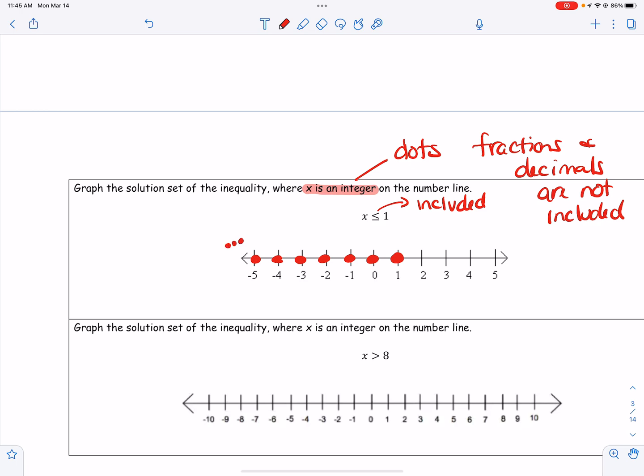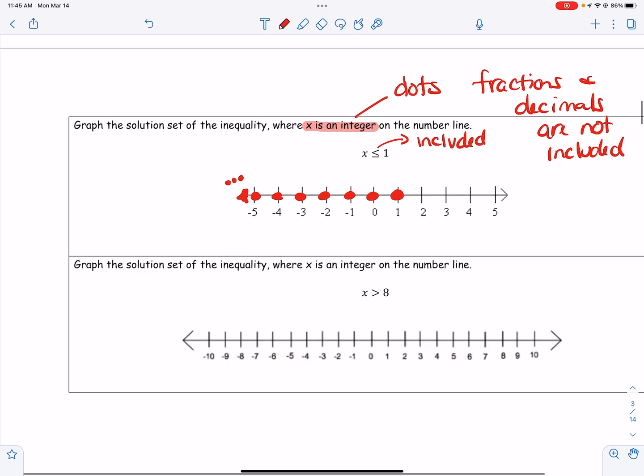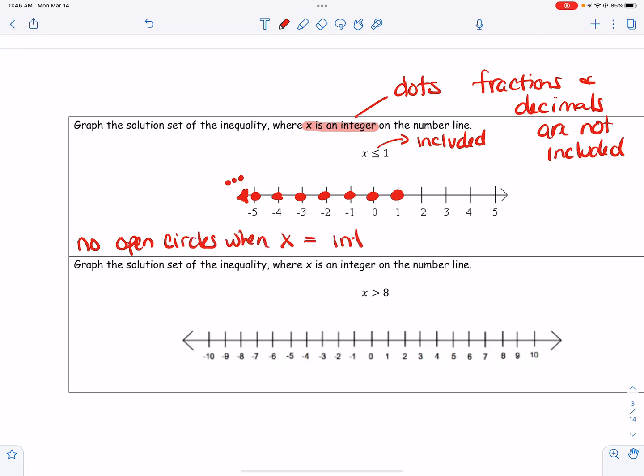Now they'll have 3 dots up here which will shade in this arrow. So with x being an integer, it's either going to include the number or it's not going to include the number. There are no open and closed circles when x is an integer. I should say, no open circles when x is an integer.